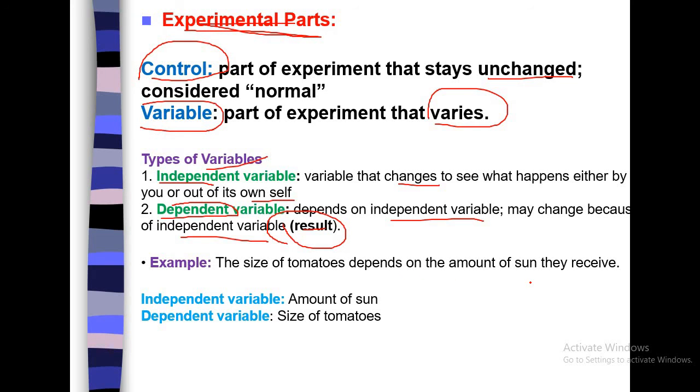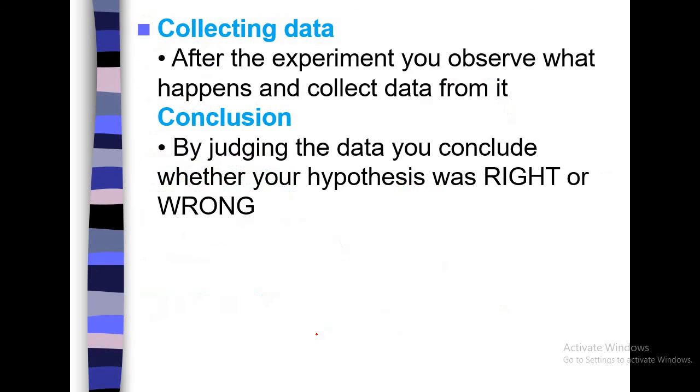When the amount of sun increases, the size of tomato increases. So the independent variable is the amount of sun, the variable that changes. The dependent variable is the size of tomatoes. You observe that the size of tomato increases when the amount of sun increases. So the dependent variable depends on the independent variable. Size of tomato depends on amount of sun.